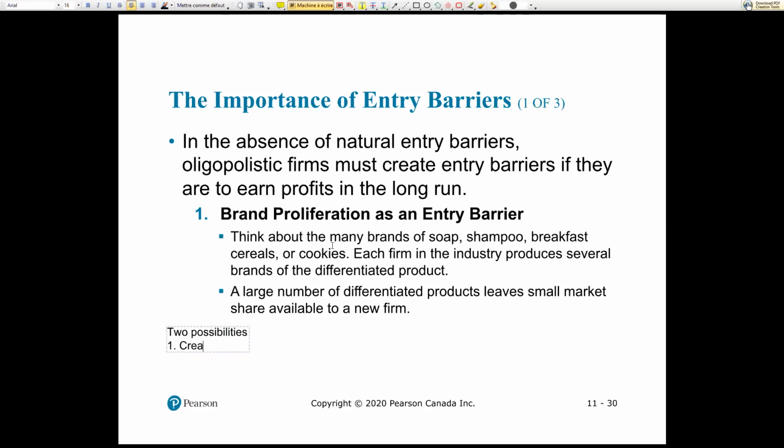So create one line of product for each small segment of the market.